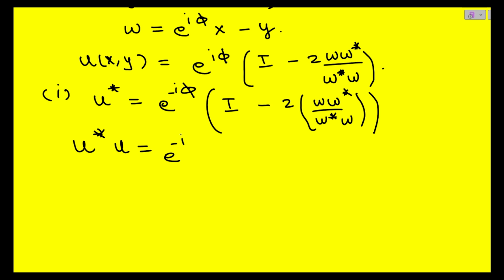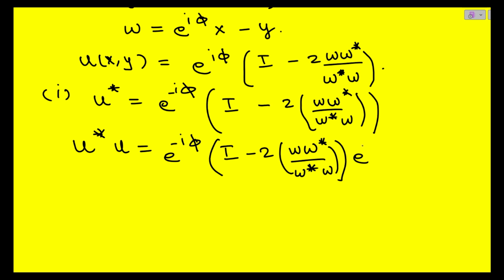This is nothing but e to the power minus i phi times I minus 2 w w star divided by w star w, and then you have e to the power i phi and basically the same thing, I minus 2 w w star divided by w star w. Now this term and this term, these two complex numbers, are conjugates of each other. When you multiply them, it will become 1.